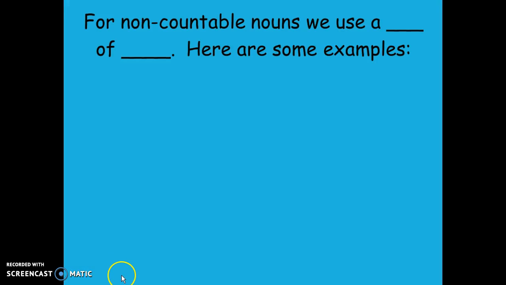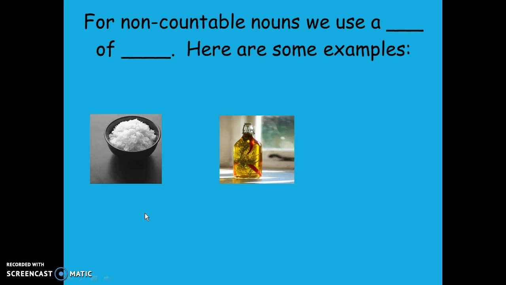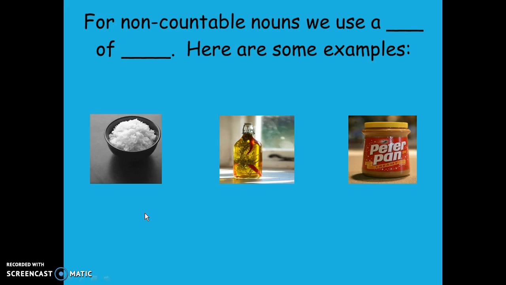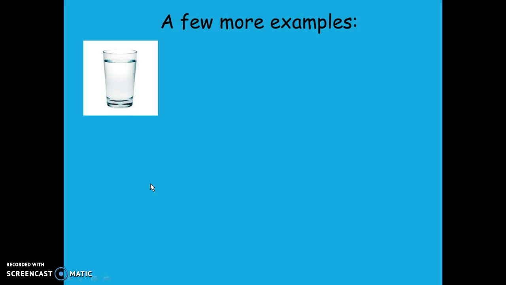We use a partitive for many non-countable nouns. Here are a few examples. The format is always a blank of blank. Can you think of any more? How about a glass of milk? A bowl of cereal, a bunch of grapes. Here are a few more examples.